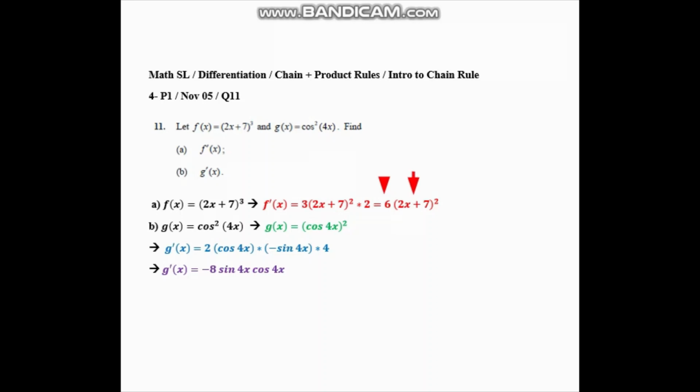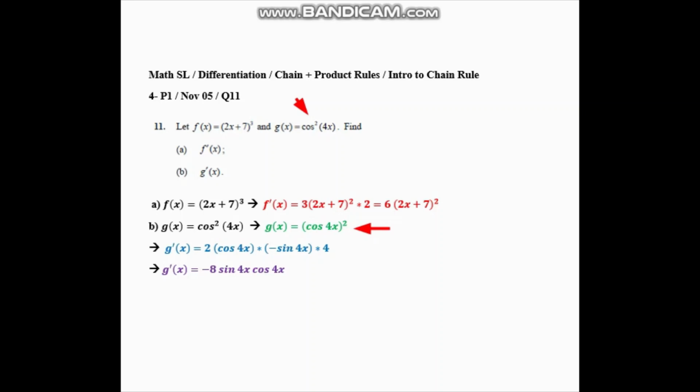Now, for b, I'm required to find g dash of x, where g of x equals cosine squared of 4x. So let's first rewrite this as we did before, as cosine 4x all to the power of 2.